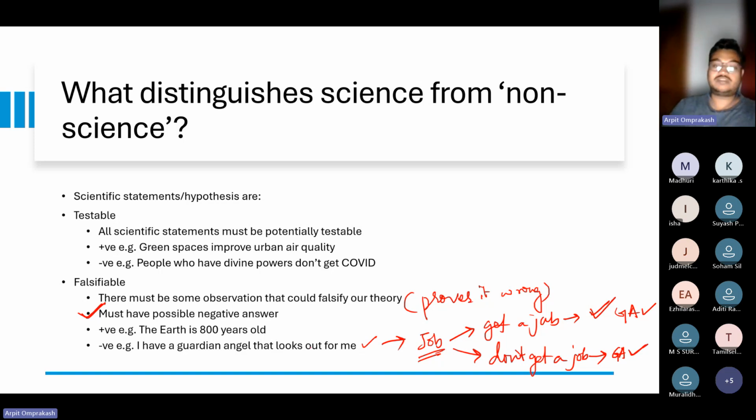So even if you have a test, all the outcomes of the test lead to positive affirmations of your statement, and you can't disprove this statement with any kind of proper test. So this is called a non-falsifiable statement, right?